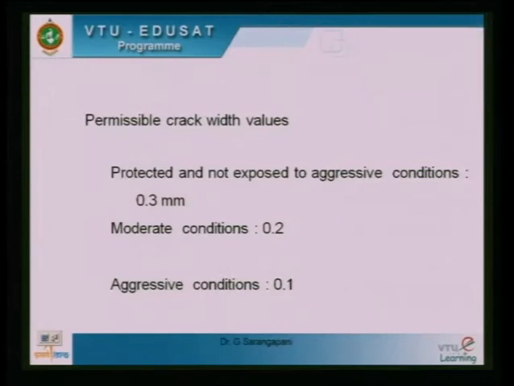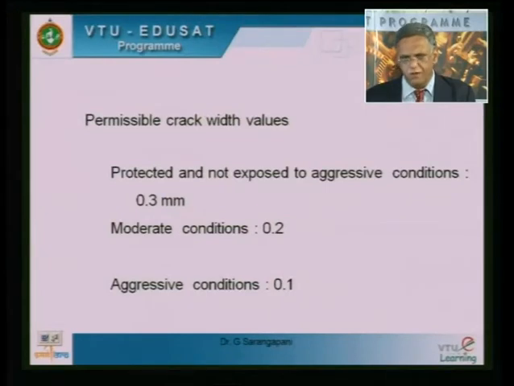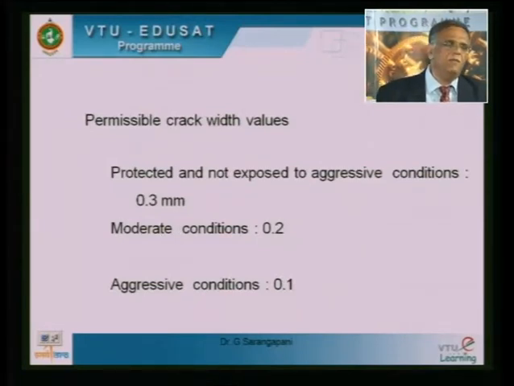When the structure is protected and not exposed to aggressive environmental conditions, a crack width of around 0.3 mm is allowed. Did you understand this? So when the whole structure is protected and not exposed to any aggressive conditions, then a crack width of around 0.3 mm is allowed.